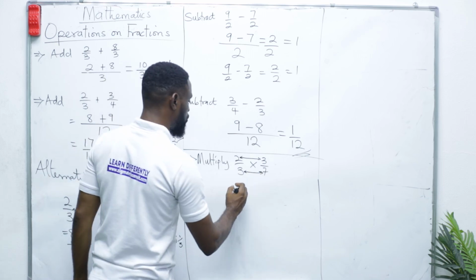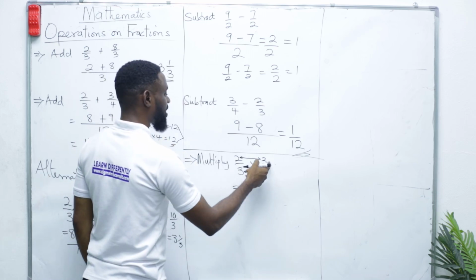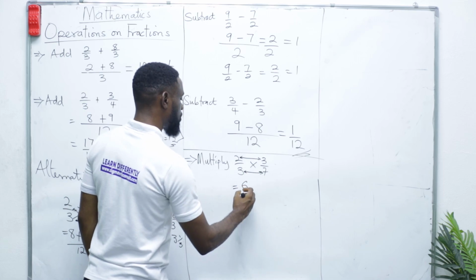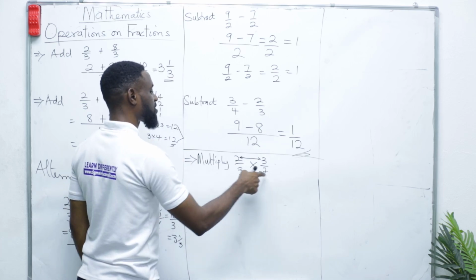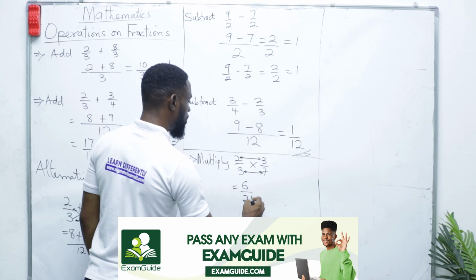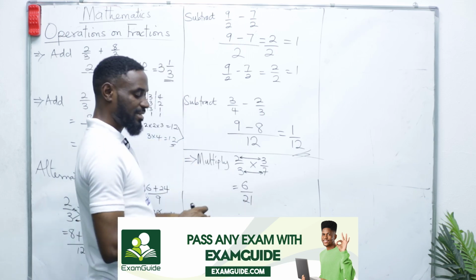So this will be equal to 2 times 3 is 6 over 3 times 7 is 21. Now, is this simplified?